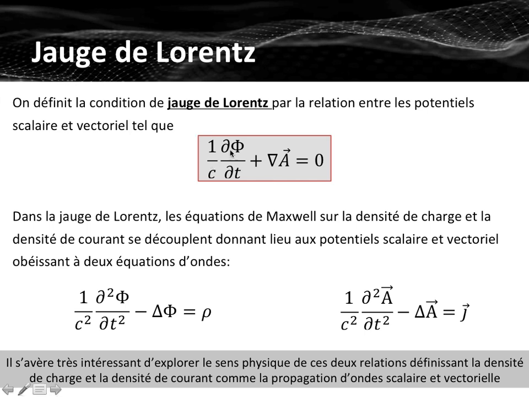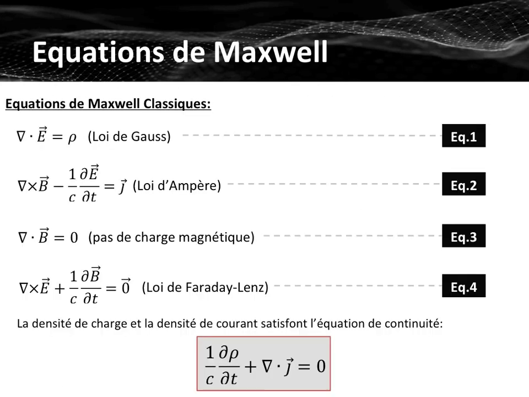We have 1 over c time derivative of phi, which is scalar, plus the space derivative, so the divergence of A, which is a vector. A is a vector. Now, look back into the equation of continuity. It's 1 over c time variation of rho, which is a scalar, plus the space variation, so the divergence of j, which is a vector j.